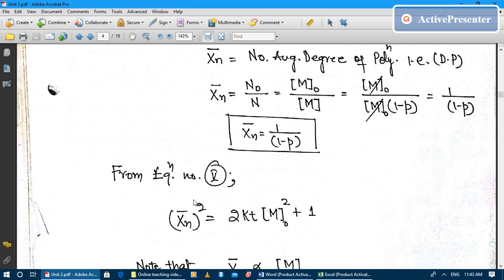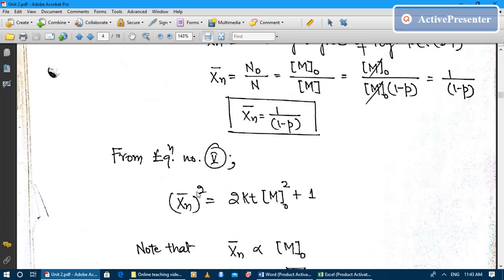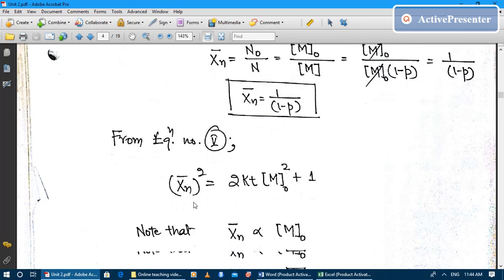In equation 5 it was 1 over 1 minus p whole square. So this will become Xn bar square equal to 2 kt M naught square plus 1. So this is the equation of self-catalyzed step polymerization reaction in terms of number average degree of polymerization, Xn bar.